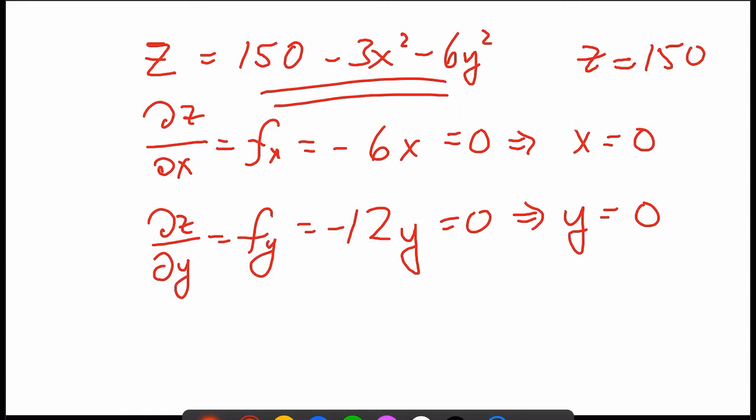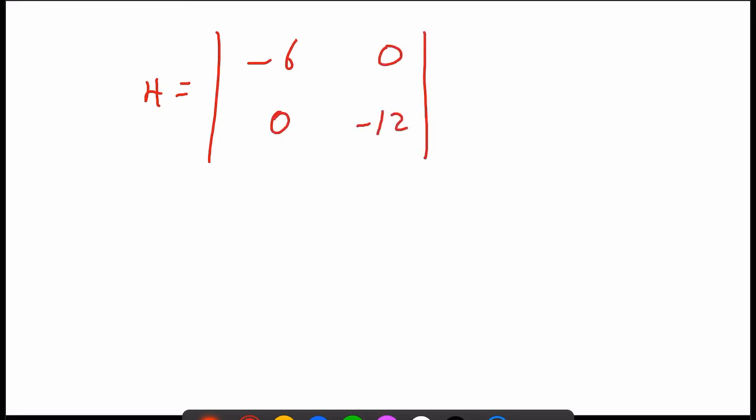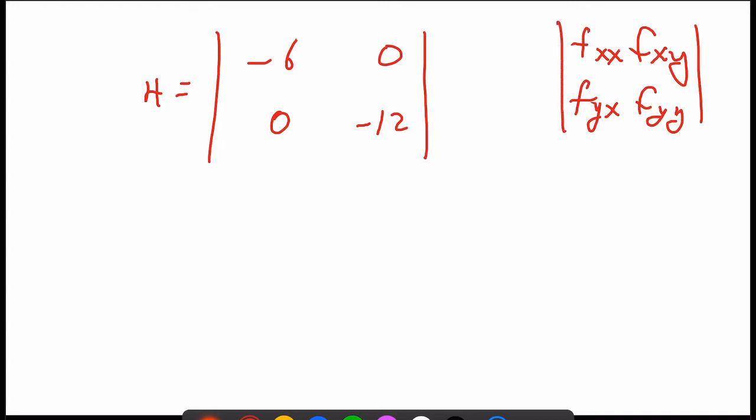Well, now I need to find my Hessian, and that's going to be minus 6, 0, 0, minus 12, right? Which is fxx, fxy, fyx, and fyy. I'm going to find those. I'm going to solve that, right? So that's minus 6.